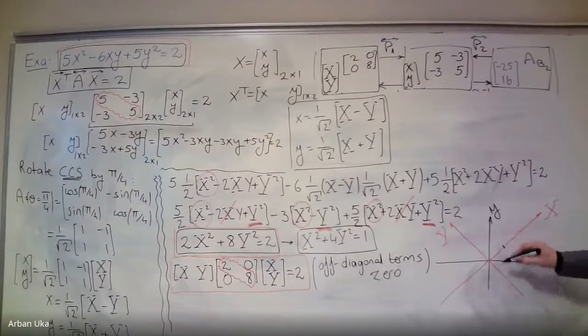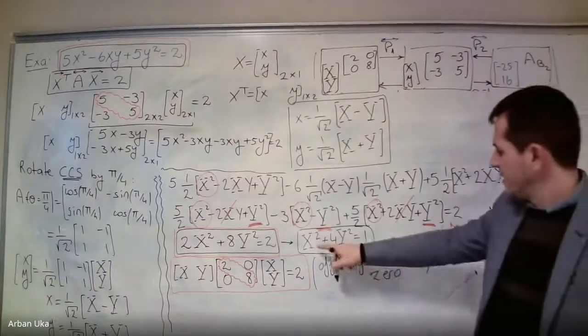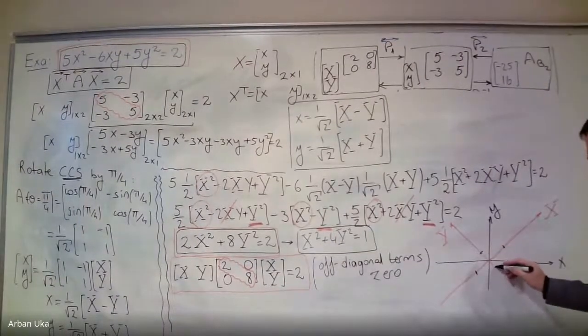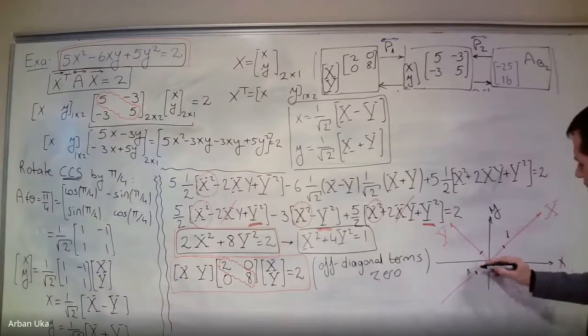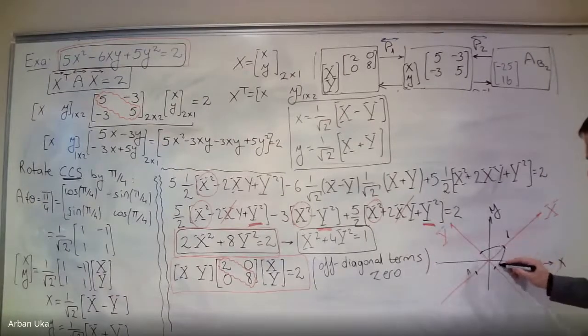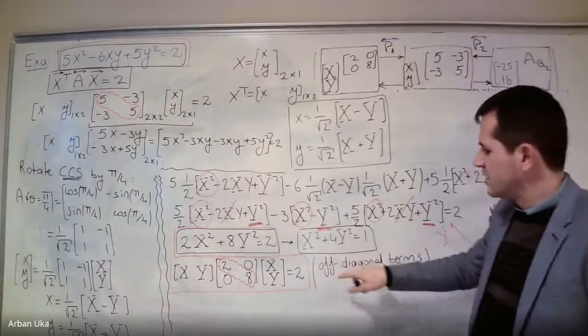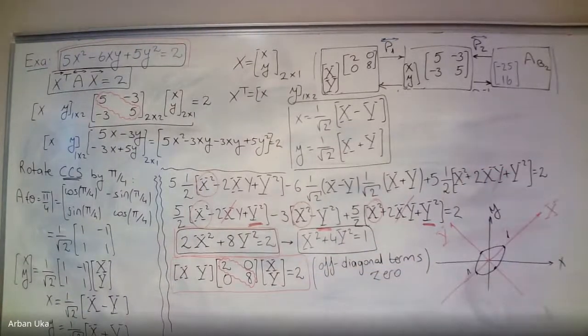X is going to be 1, minus 1, right? But when X is 0, the Y is going to be half and half. So this is going to be 1, 1, and we're going to get this expression. Here we see an ellipse, but it is much easier for us to distinguish this ellipse if we use the new coordinate system.